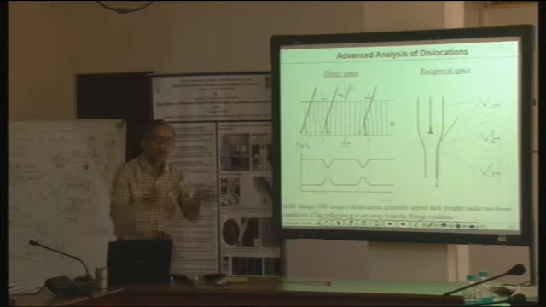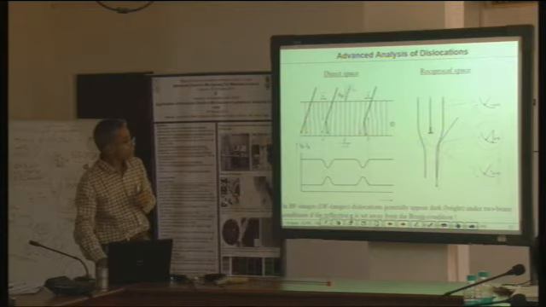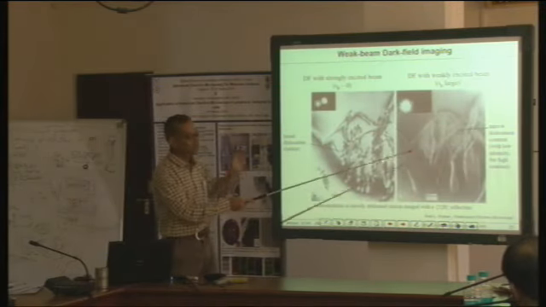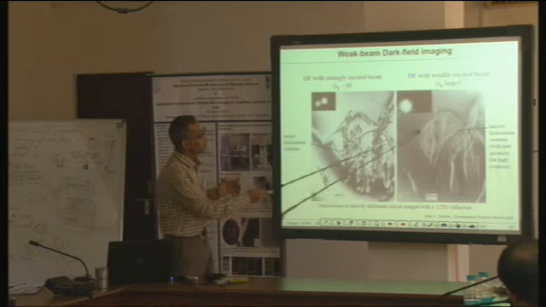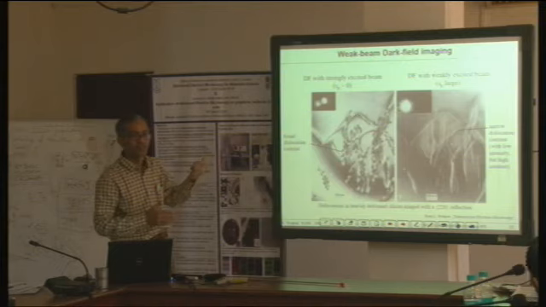So this localization phenomenon can be achieved by increasing the S value, and that's why this is called weak beam dark field microscopy, and it allows you to increase the resolution of your images.